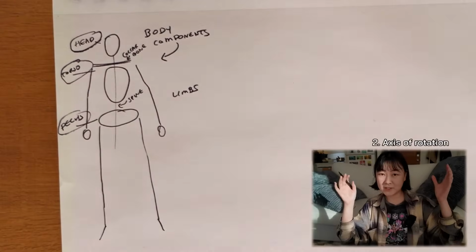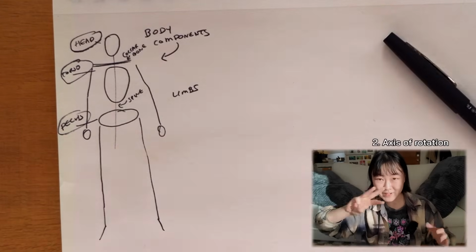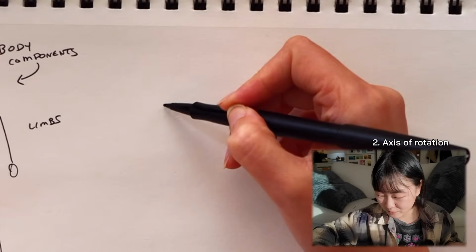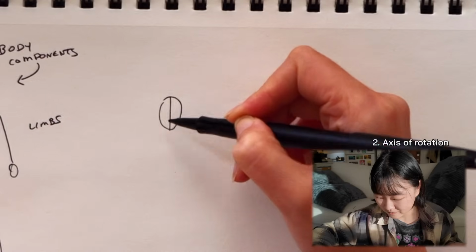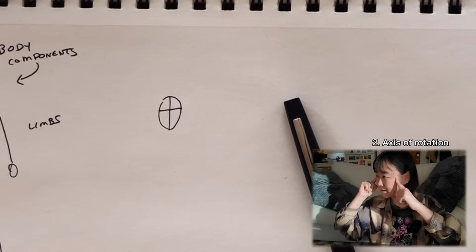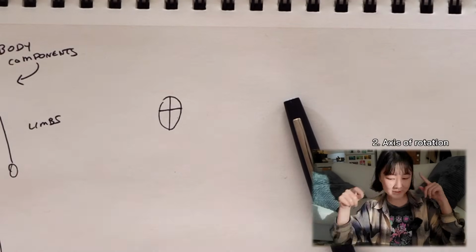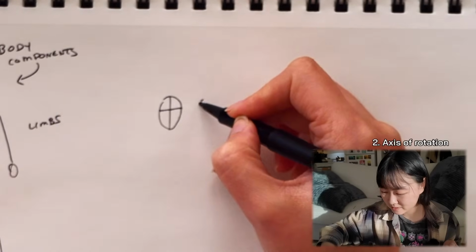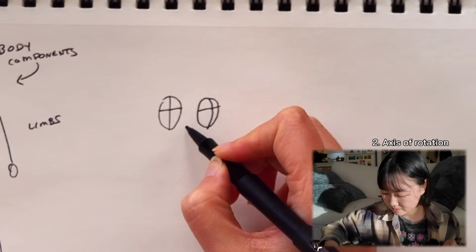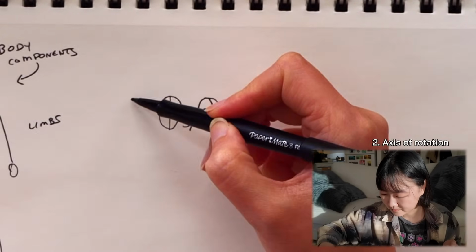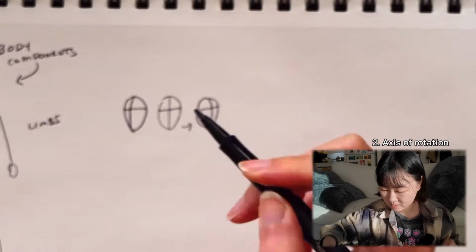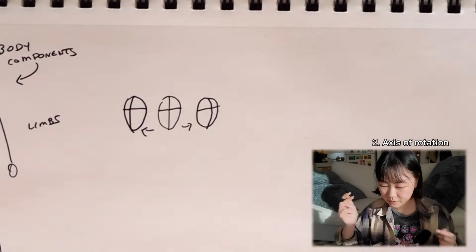So each of these components have 3 axes of rotation. So let's just take the head, for example. The head can move to the right and to the left, right? That's one rotation. So if we wanted to draw that, it would be like this. To the right or to the left.